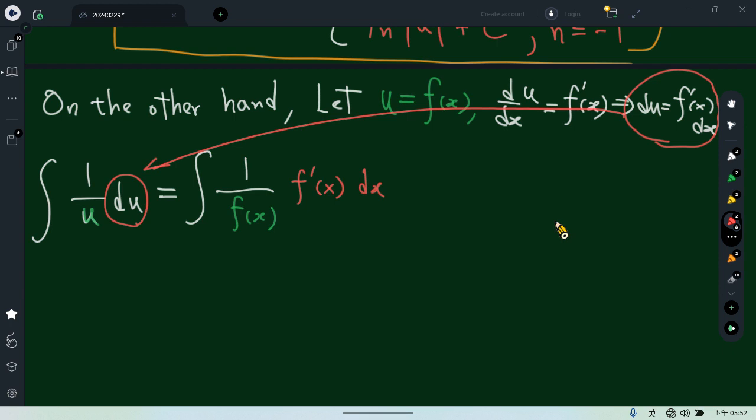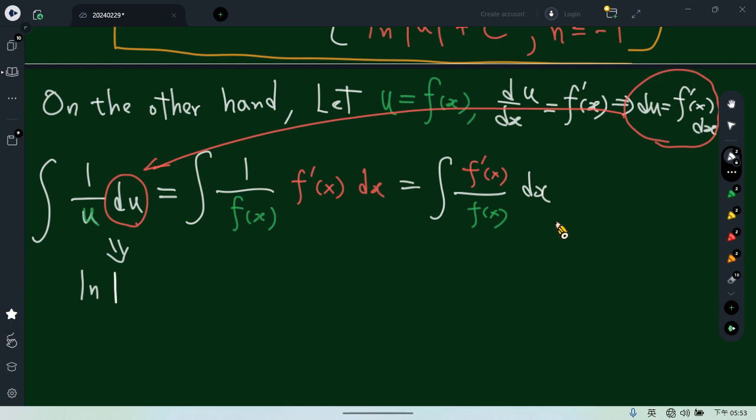So finally, we can get this good result that this will be integral f prime x over f of x, then dx, right? As we know, the result will be ln taking the absolute value of u plus c, right?